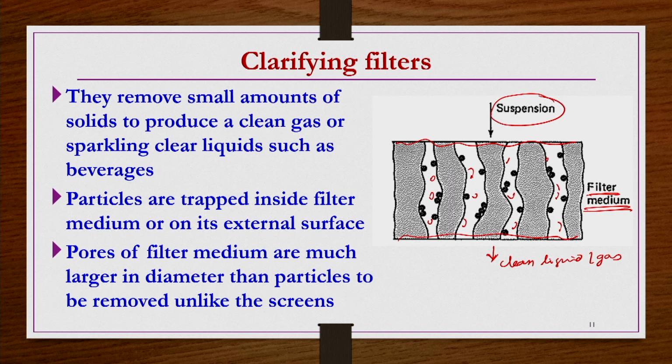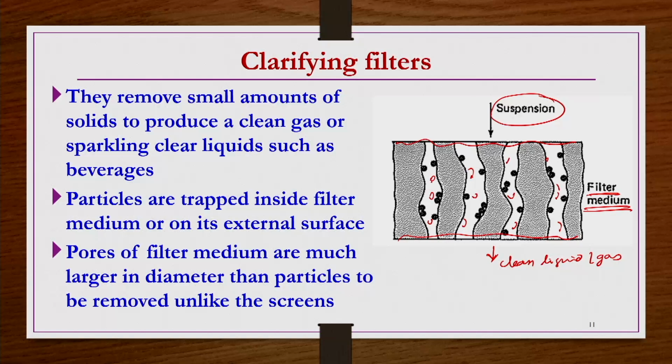So, here impingement is the process which is causing the separation. It is not the porous structure that is causing this separation. The porous structure is there just to allow the clean liquid or clean gas to pass through, but the particles which are striking the surface of these beds will definitely be sticking to the surface.